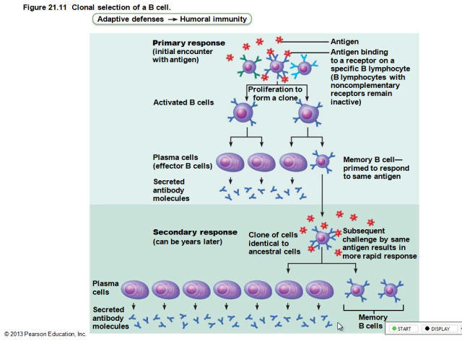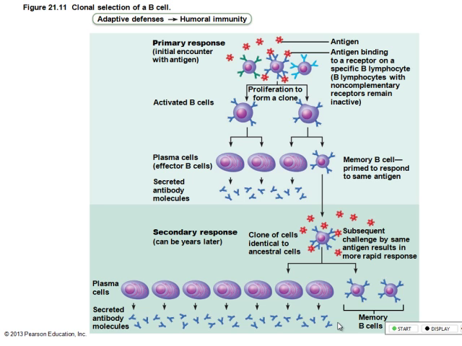Some of them are going to become plasma cells. So we're talking B cells now. We're not talking T cells. This diagram is just the B cells. We're going to make more of our cells. Some of them are going to become plasma cells and make those very specific antibodies, the ones that can neutralize antigen. And then I'm going to make more.